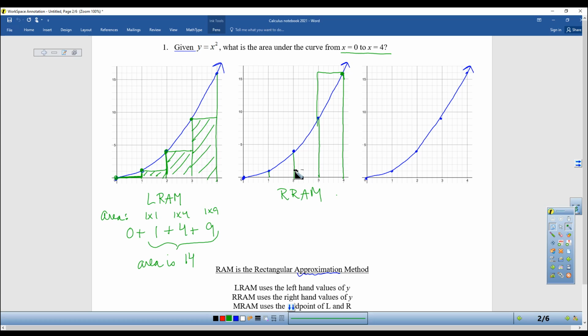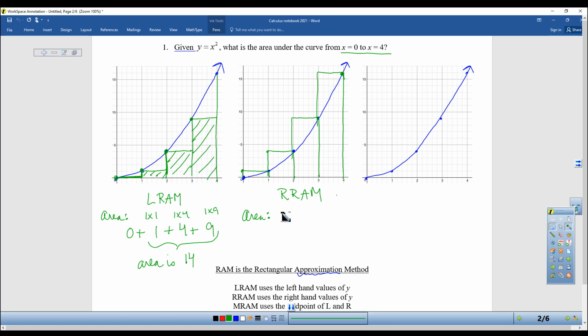And on this one right here, I'm going to go across, so I actually have to extend my left-hand side just to match it. There we go. Of course, now the problem is that this one grossly overestimates the actual area, but we're still going to find the area.